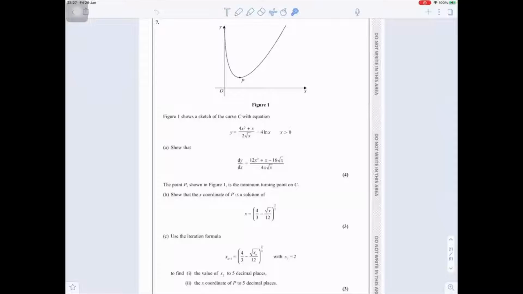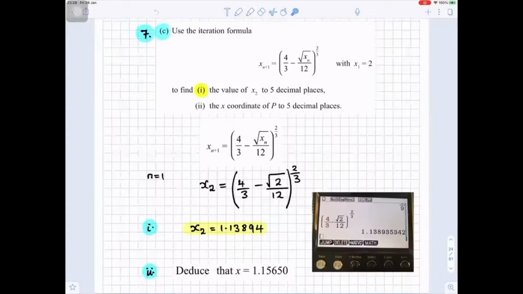Question 7c. Use the iteration formula. Find the value of x2 to 5 decimal places and the x-coordinate of P to 5 decimal places. When you want to use the iteration formula, we can start with n equals 1. So 1 goes there for n, 1 plus 1 becomes 2, so we get x2. x2 would be 4 over 3, stays the same.